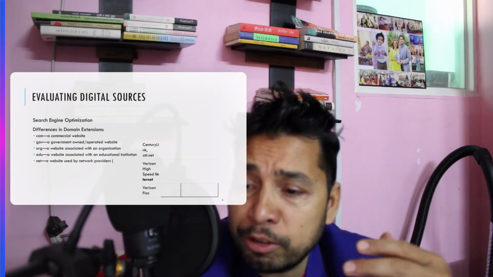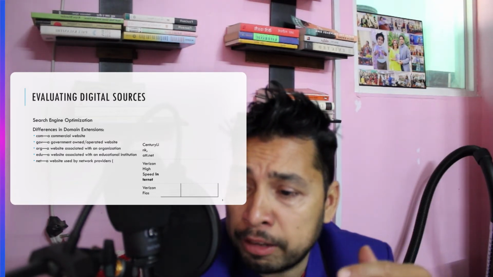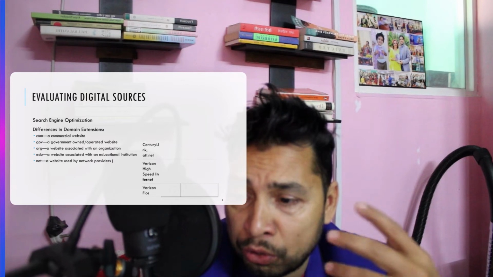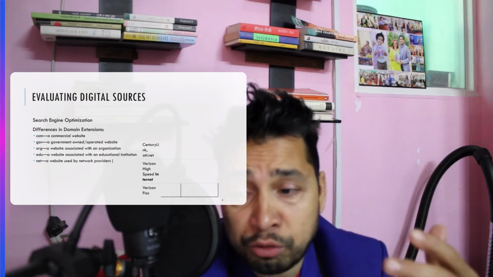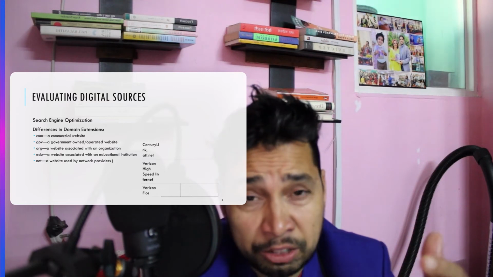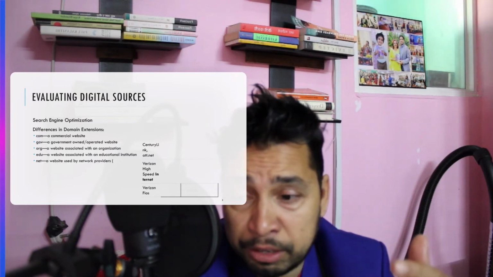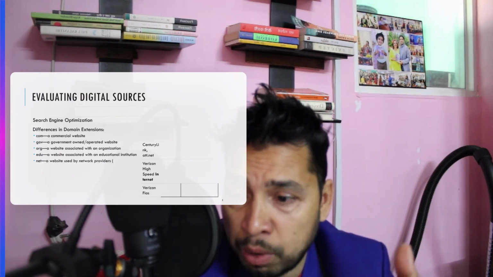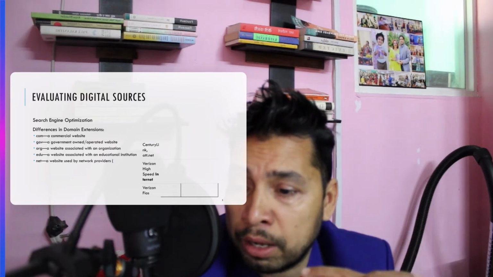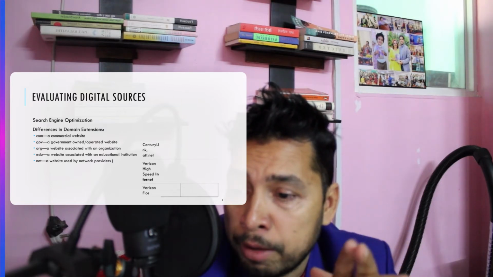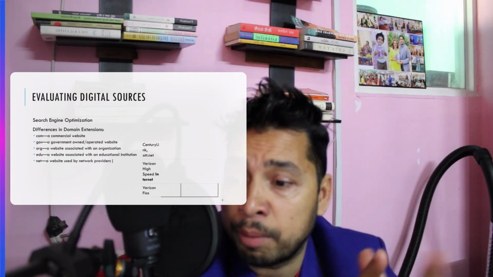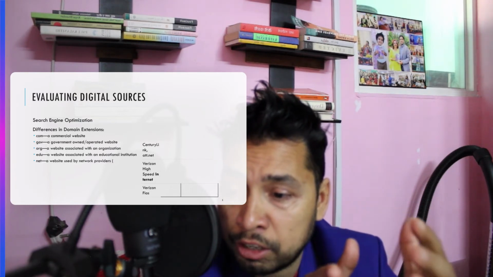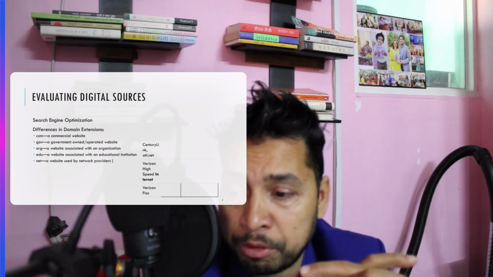So talking about evaluating digital sources, for example, based on search engine optimization, you'll also figure out the authenticity, or the effectiveness of the digital source, and also differences in domain extension. For example, .com, www.something.com is used more for a commercial website.